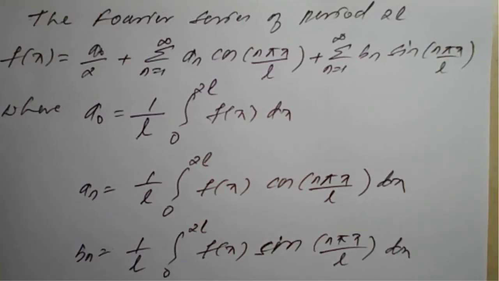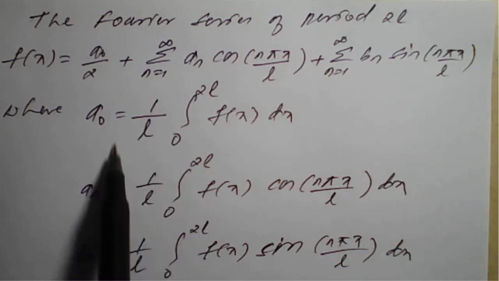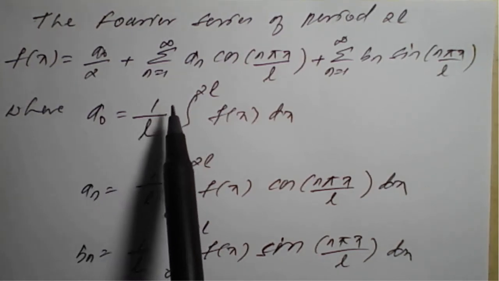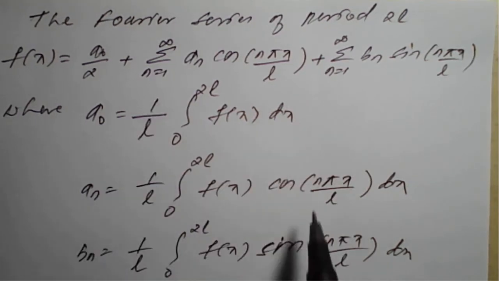Remember, if it is even or odd, a factor of 2/L will come. But if it is neither even nor odd, at that time we need to apply this general Fourier series.